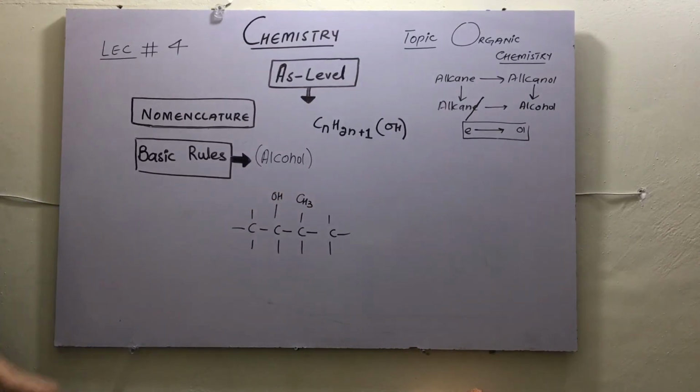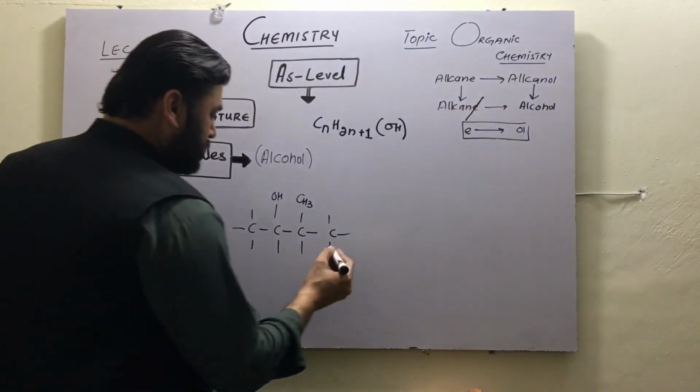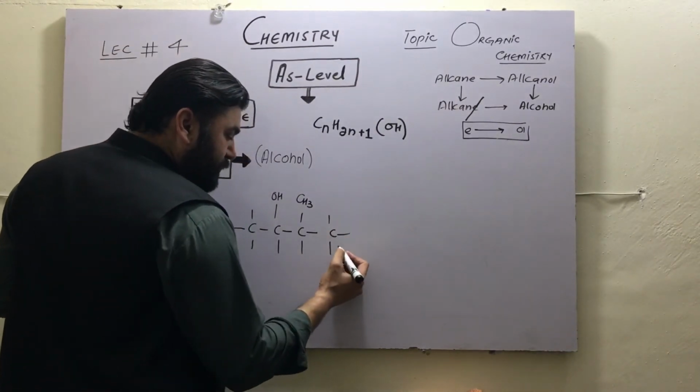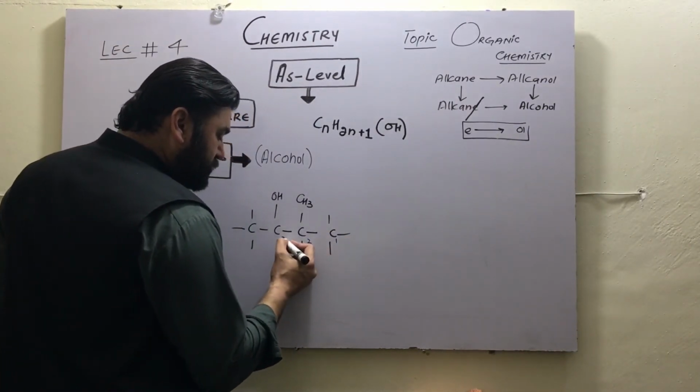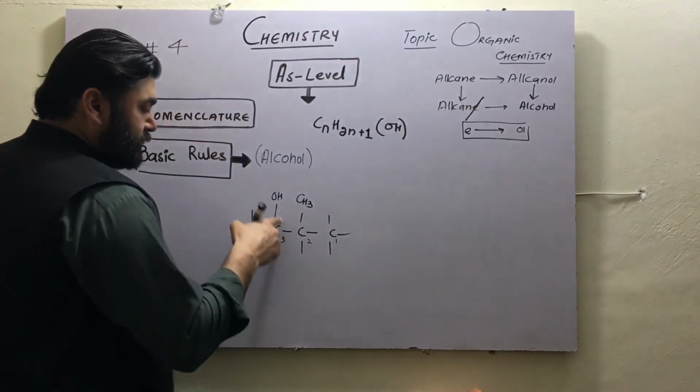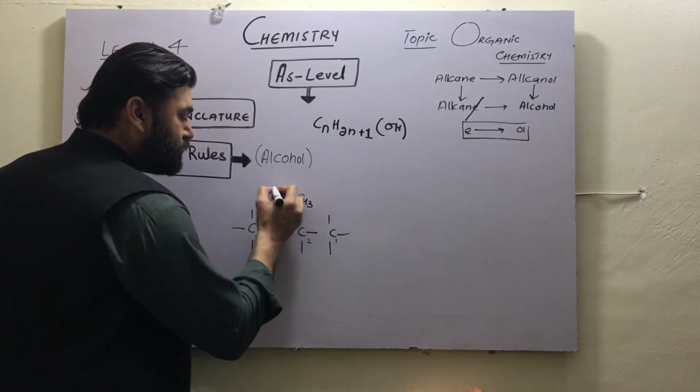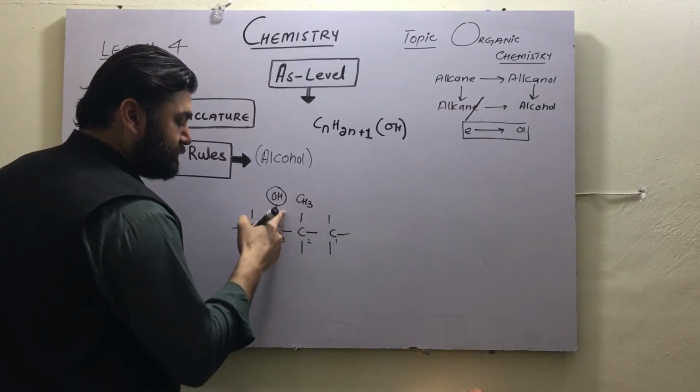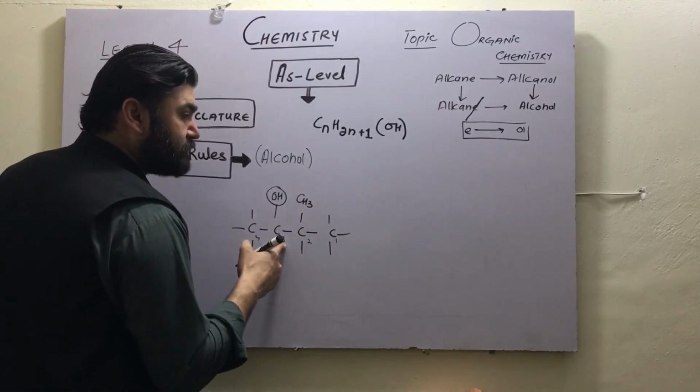Because OH gets preference over the CH3 alkyl group, you will start numbering from the side where OH gets the lowest position. So in this structure, you will not start from this side, because if we start numbering from this side, 1, 2, 3, and 4, this OH, which is the alcohol, will get the third position, which is incorrect.